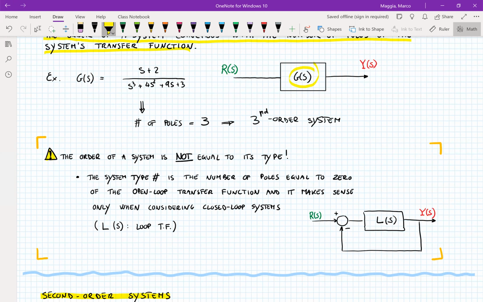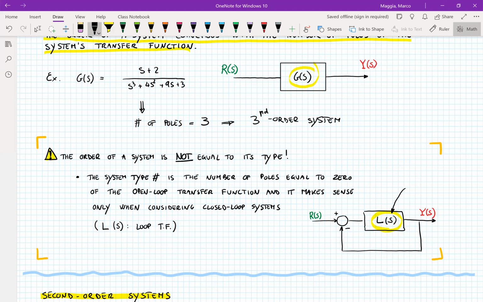So in other words, when we want to study a closed loop system and we're closing the loop around a certain system described by the transfer function L of S, also known as open loop transfer function or loop transfer function, then the system type number is the number of poles of L of S at the origin, or in other words, poles that are exactly equal to 0.